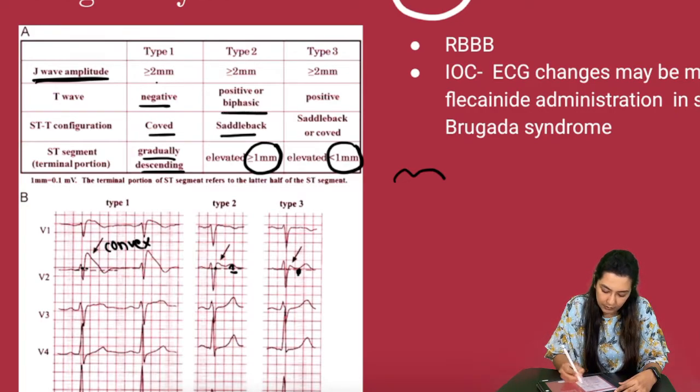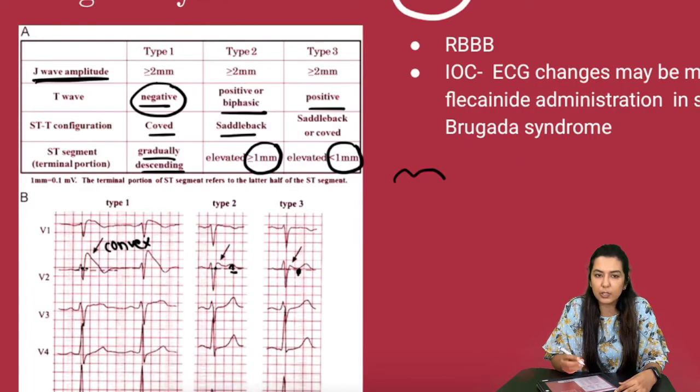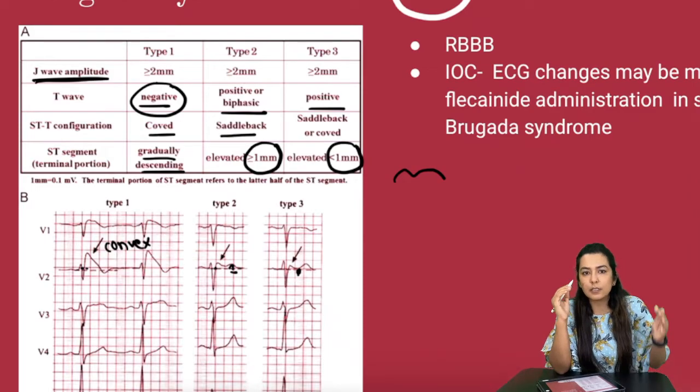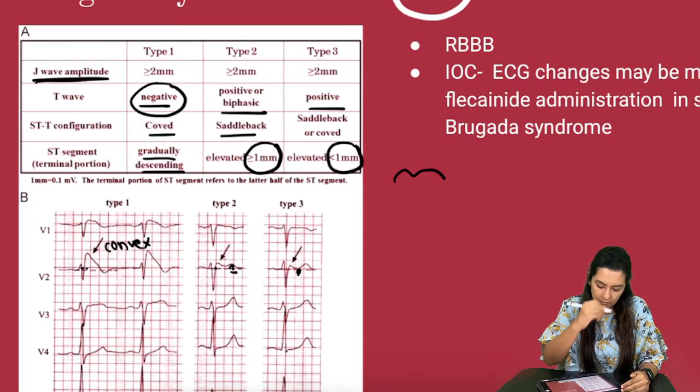And one more differentiation is the T wave. The T wave in type 1 will be negative. So remember, in type 1 the J point is elevated more than 2 mm, the last segment of the ST segment is decreasing gradually, and there is T wave inversion.